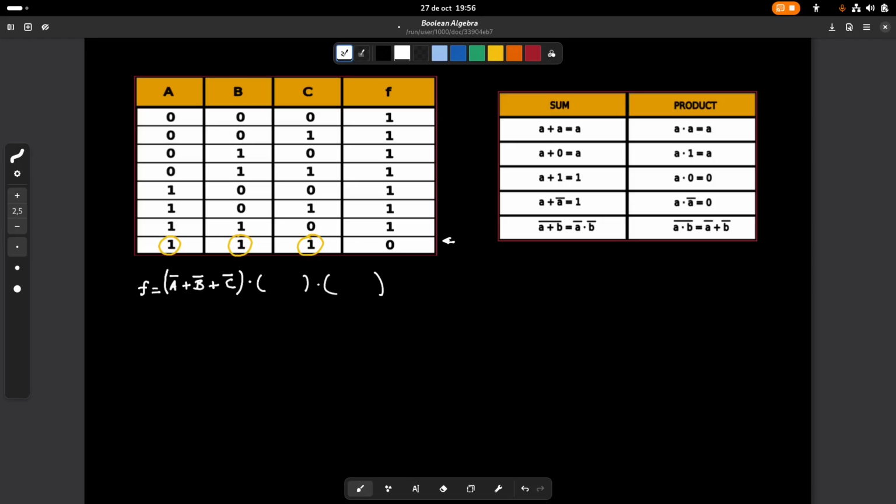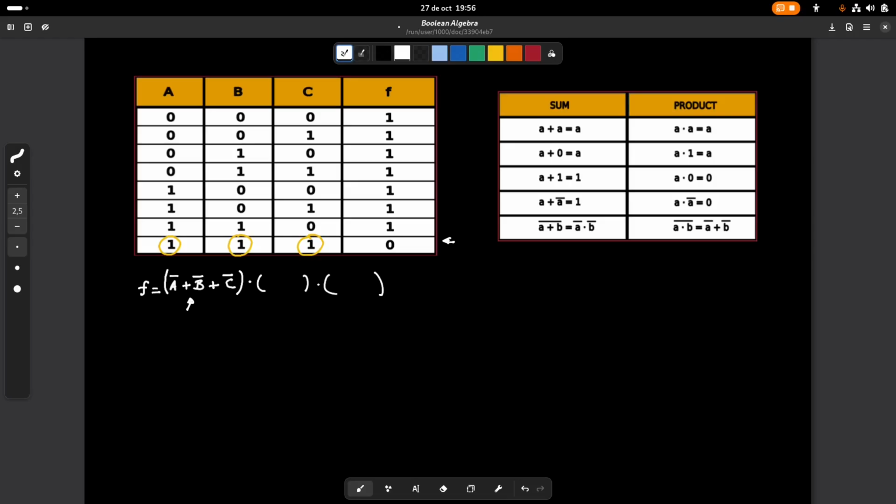In this case, I have only this combination which produces a 0 in the function, and this will be the function obtained by the product of sums.